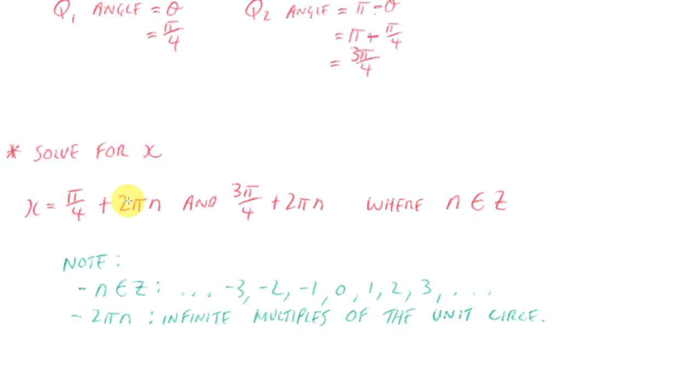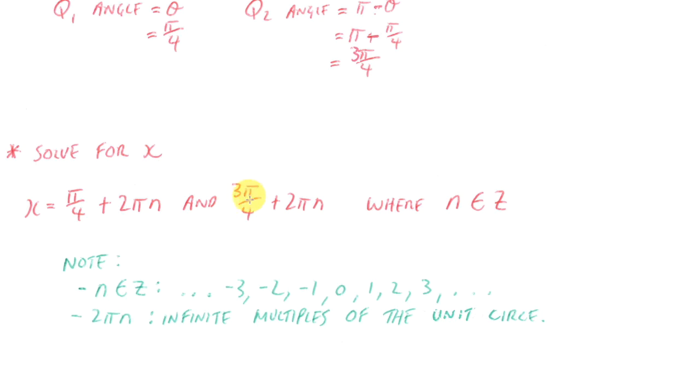Now those multiples of 2 pi I can write as being an unknown integer n times 2 pi. So if I want to have pi on 4 plus 4 pi, then I could write that as being 2 pi times 2, so n would be 2. If I wanted to have pi on 4 plus 12 pi, then I could write that as being pi on 4 plus 2 pi times 6, where n would be 6. So you can see there that n is just any whole number.